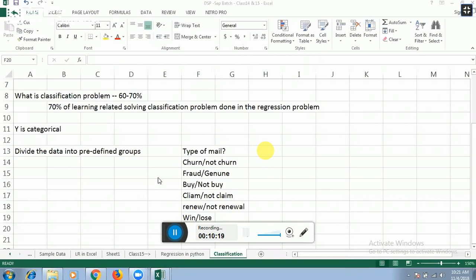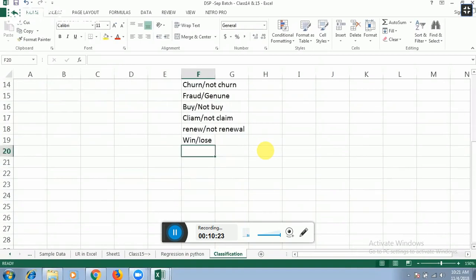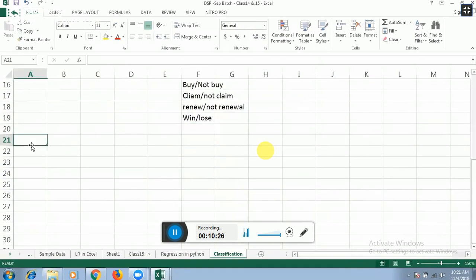Okay, so like this, a typical data, suppose a customer is leaving or not leaving, what you will have is customer ID and your X1, X2, X3, X4, and so on up to Xn, and you have Y. For example, you have customer data like this.